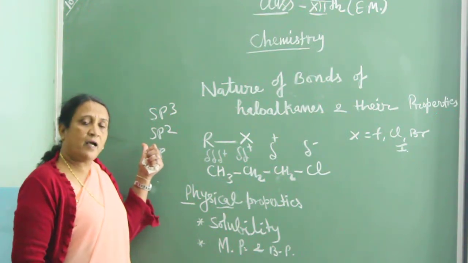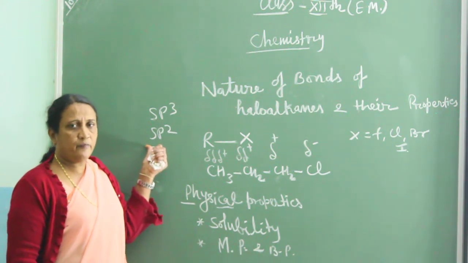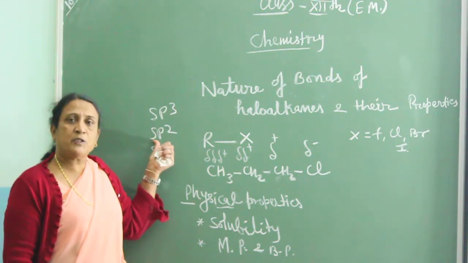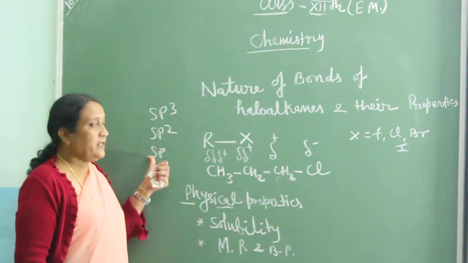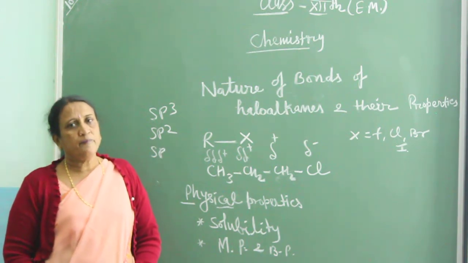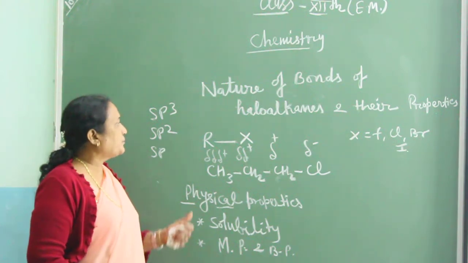Whereas when carbon forms a double bond with a similar carbon atom or other element, it participates in sp2 hybridization. When carbon forms a triple bond, it will participate in sp hybridization.